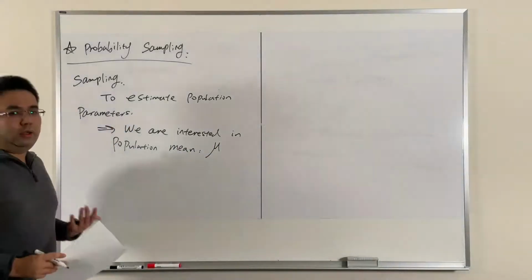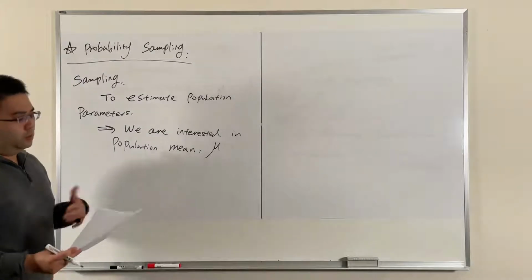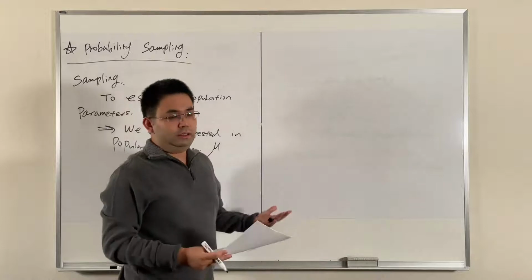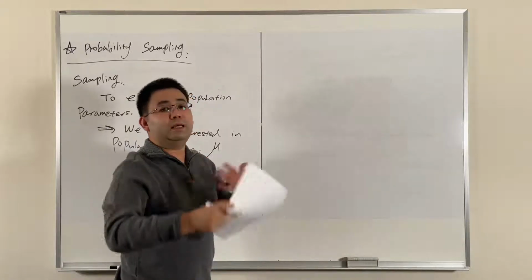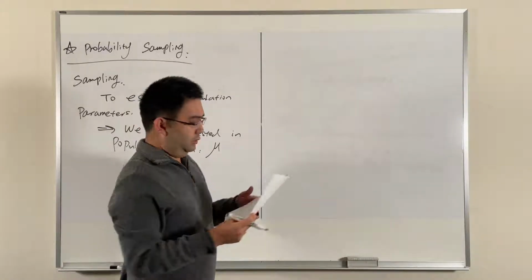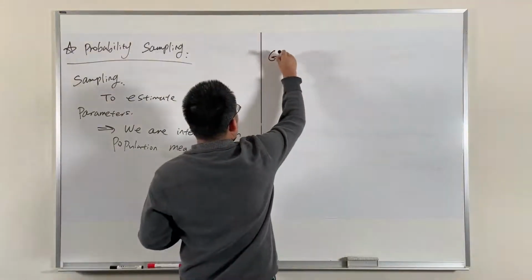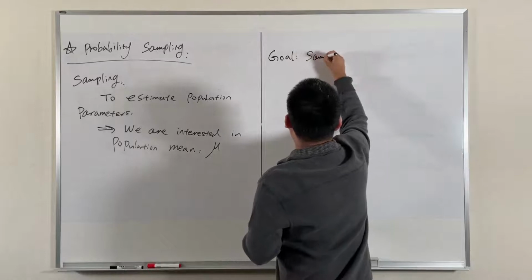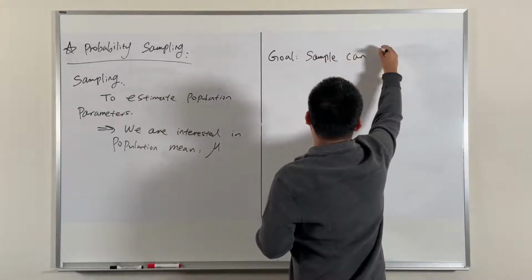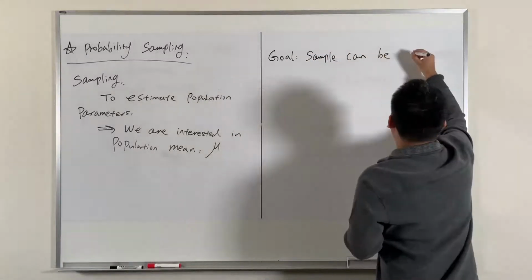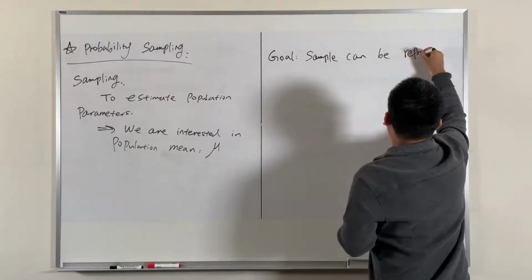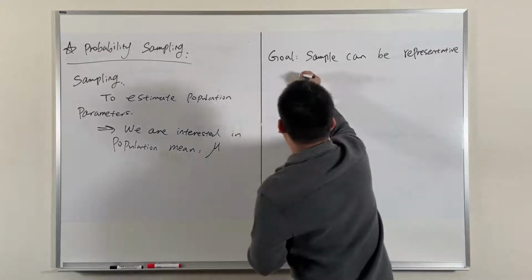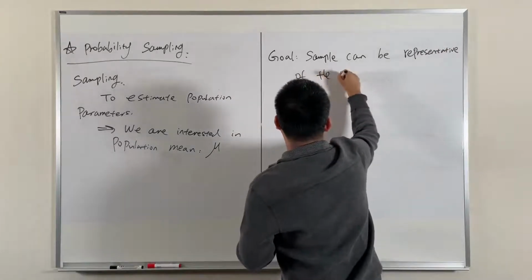And what's the goal here? When you do sampling, your goal is always that you want to be able to collect a set of samples that's representative of the population. So the goal is the sample can be representative of the population.